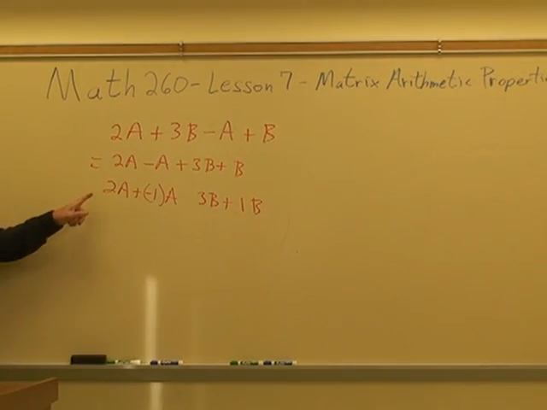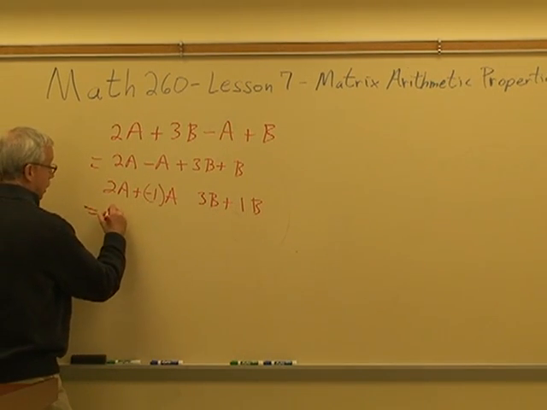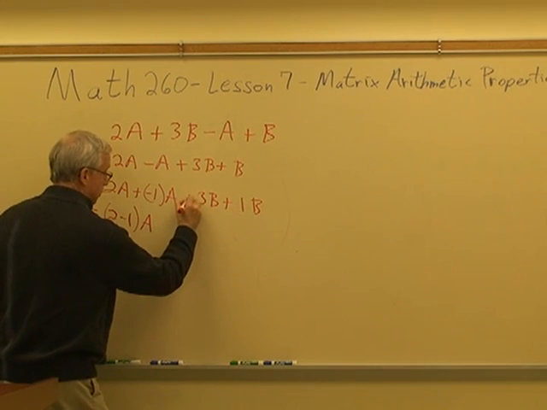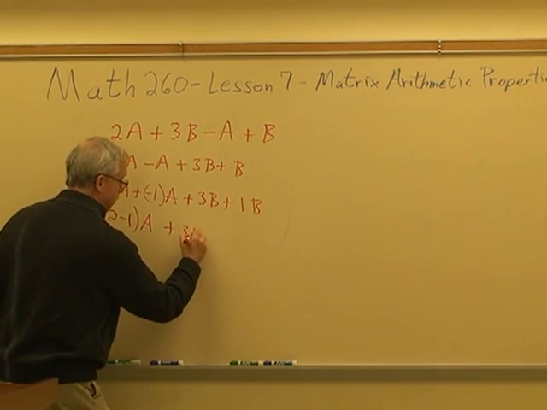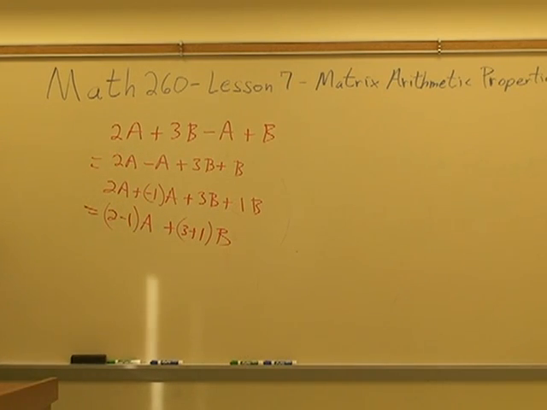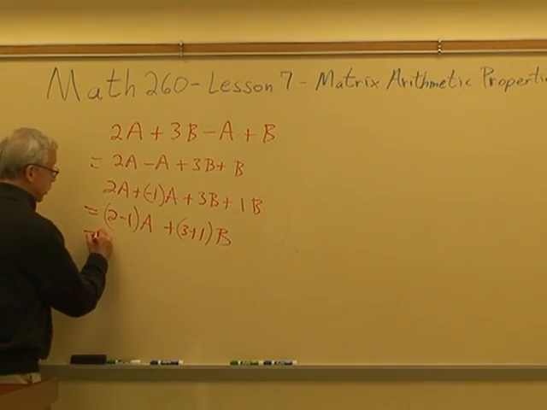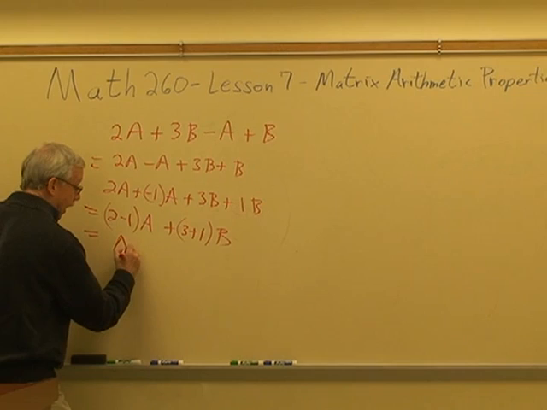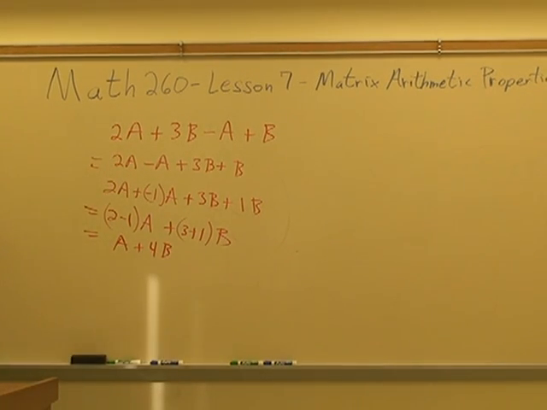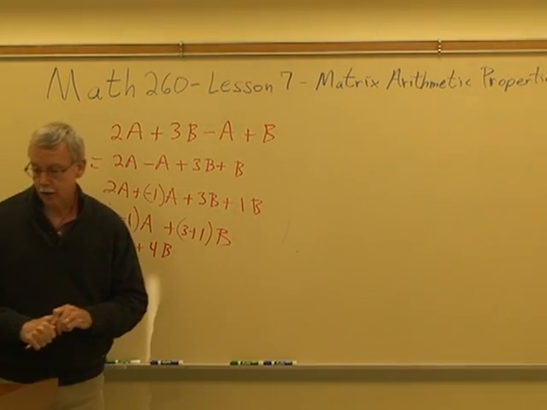And now by my rule of scalar distribution, this is the same as (2 minus 1) times A, and this is the same as (3 plus 1) times B, the rule we just proved. And now, of course, I can do the arithmetic. So this is just 1A, or A, plus 4B. So these rules allow us to do algebra just like we do with regular numbers. That concludes lesson 7.